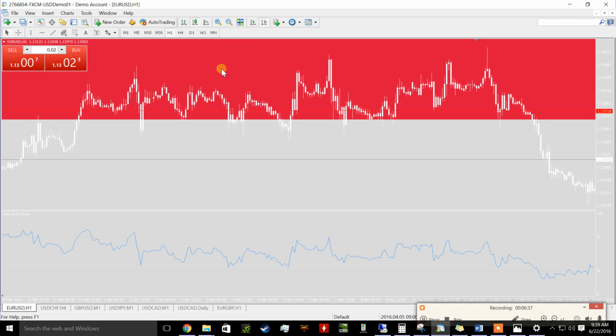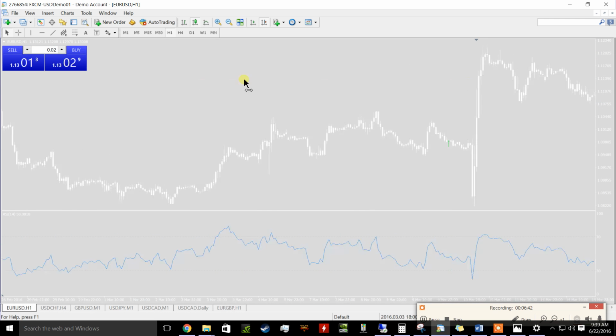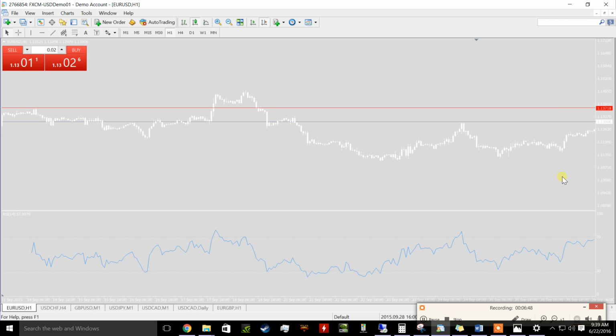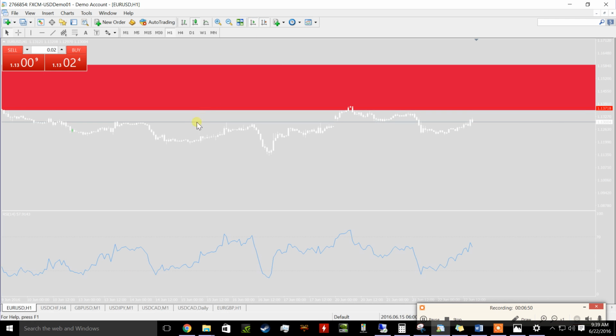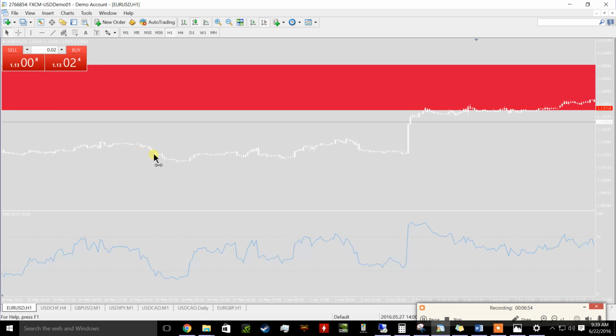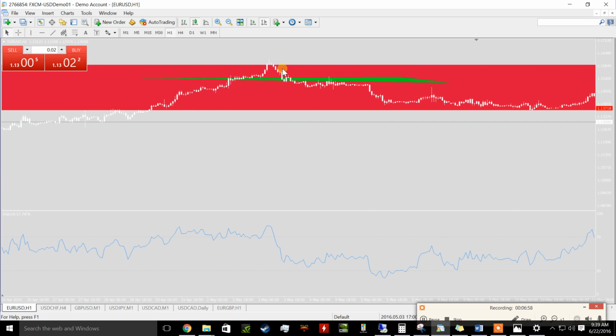So when we go into the 1 hour chart here, watch what happens, guys. When we go into the 1 hour chart, as you can see, now it's not looking like wicks anymore, right?